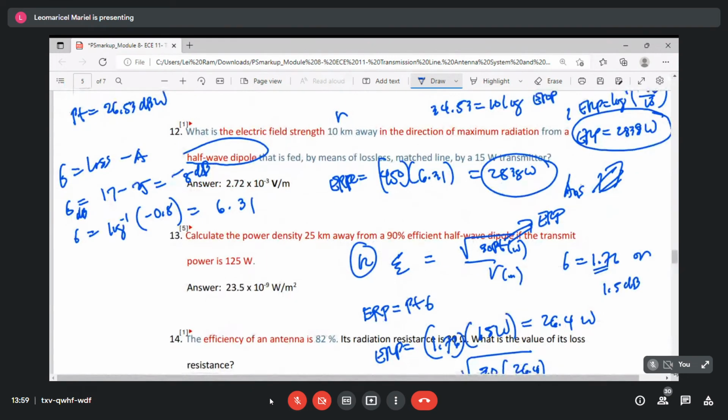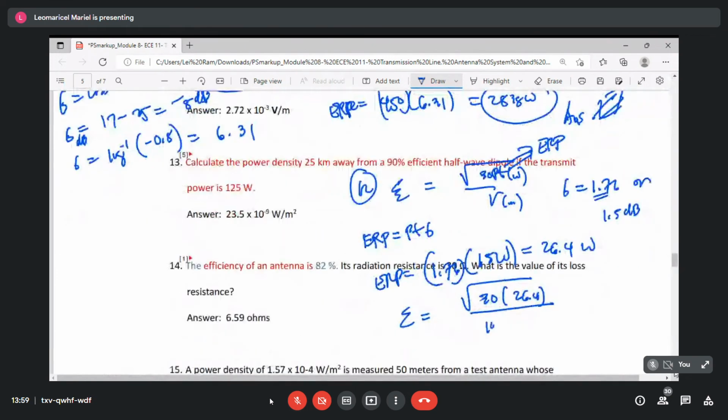So what is 10 kilometers in meters? So that is 10,000 meters. So the unit is volts per meter. Yung taas lang ang naka-square root.